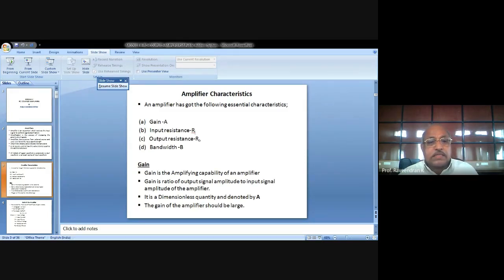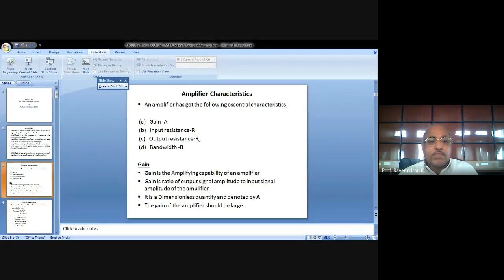Now we will see what is the input resistance of an amplifying circuit. The total equivalent resistance at the input terminals of an amplifier is known as the input resistance of the amplifier. That is the total resistance offered by the amplifier at the input side. It is called the input resistance, Ri, usually in ohms, and sometimes in kilo ohms. It is nothing but the ratio of input voltage to input current.